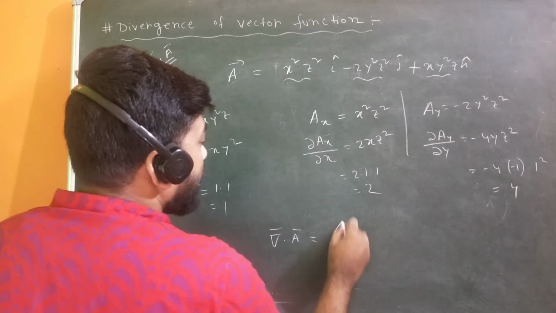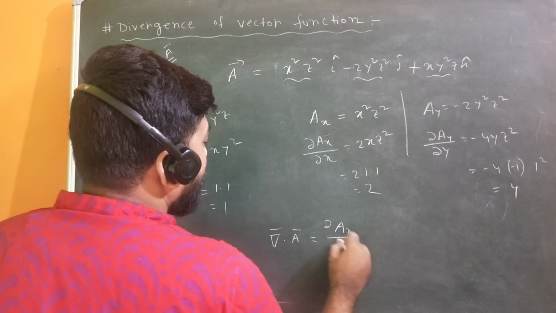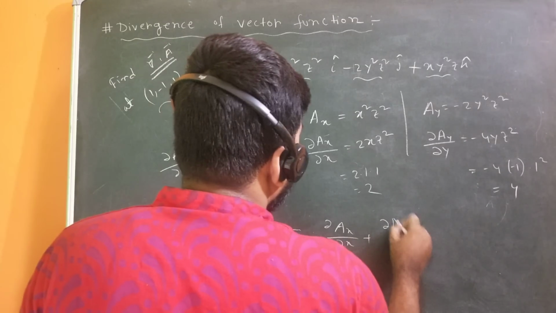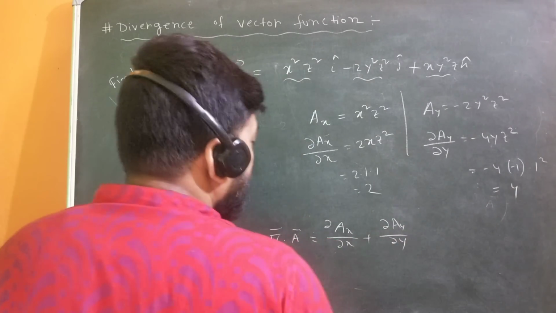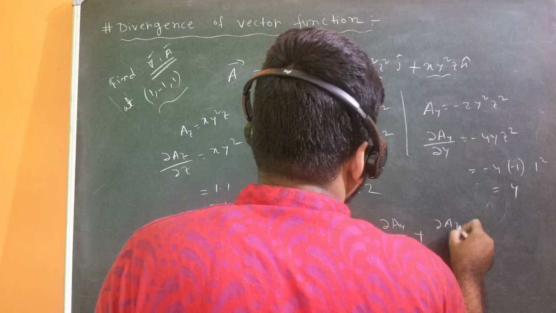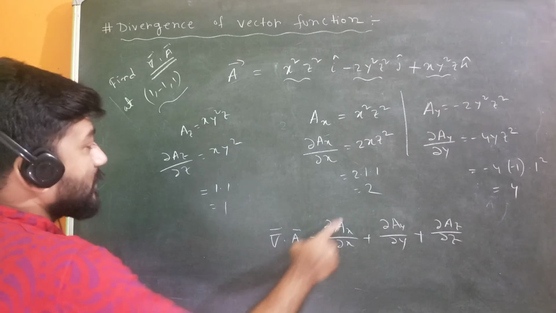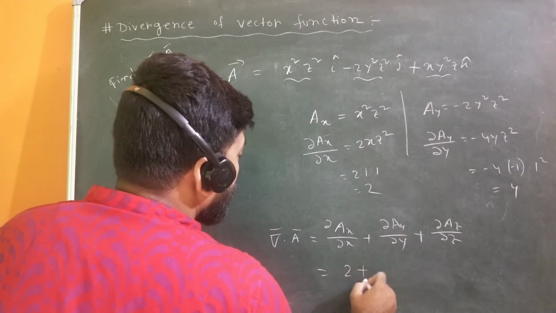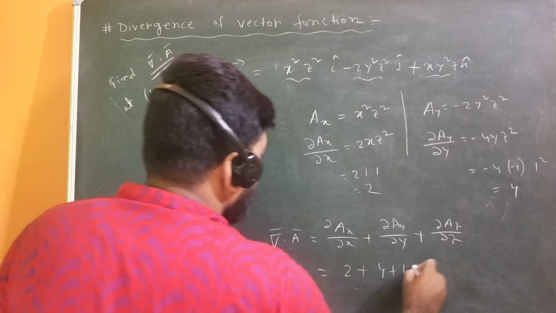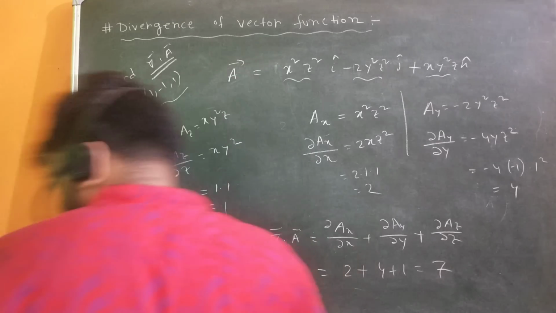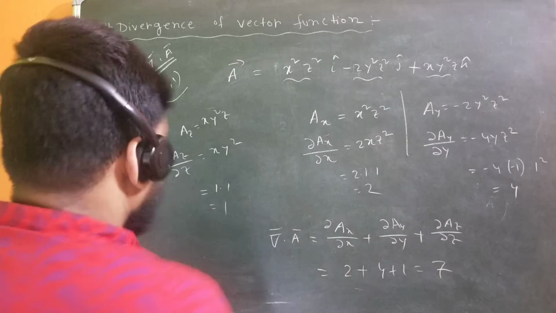I defined earlier that it is del ax del x plus del ay del y plus del az del z. So you will get 4 plus 2 plus 1, that will be 7. So this will be the answer to the problem.